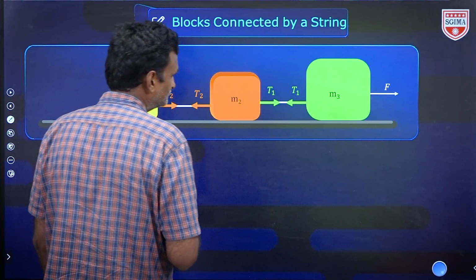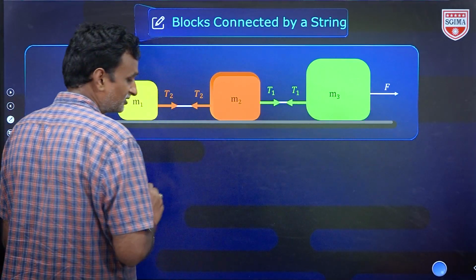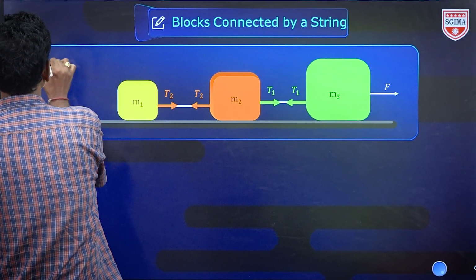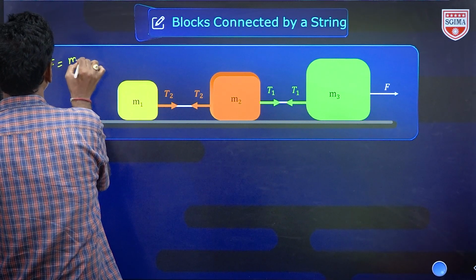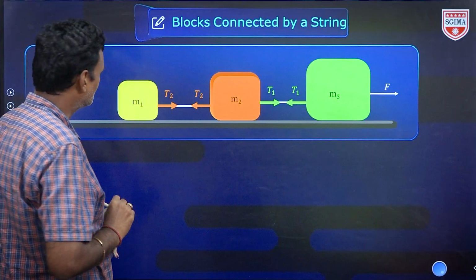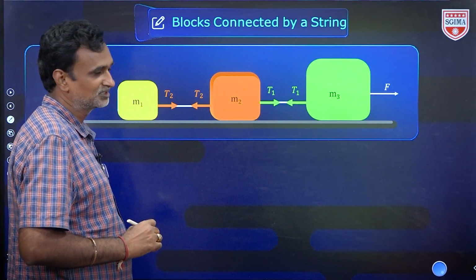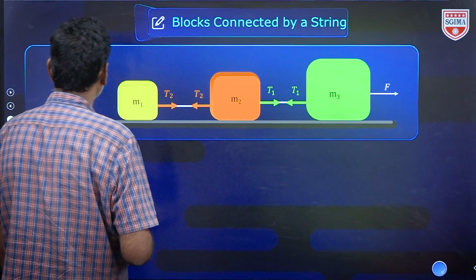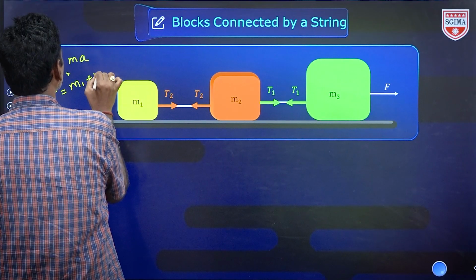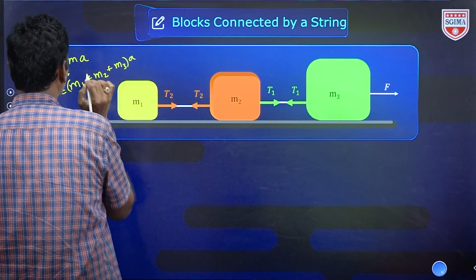First of all, Newton's second law of motion explains F equals ma. From this, we write the total mass of the system and the total force. F equals m1 plus m2 plus m3 into acceleration.